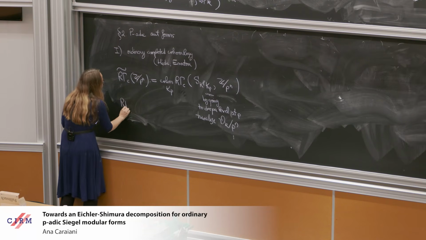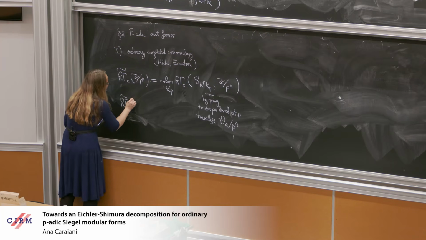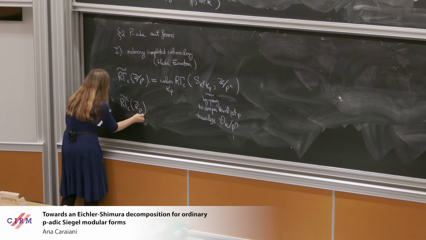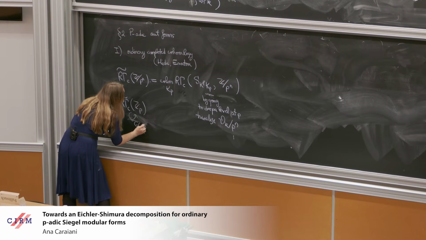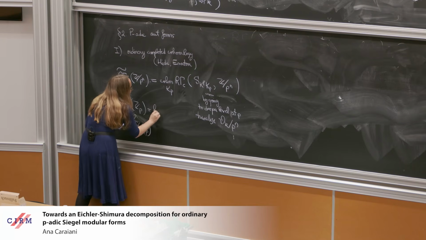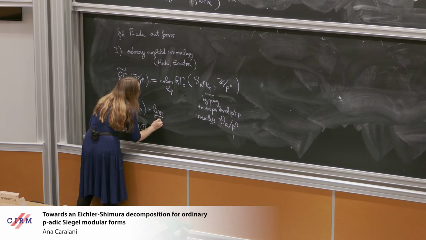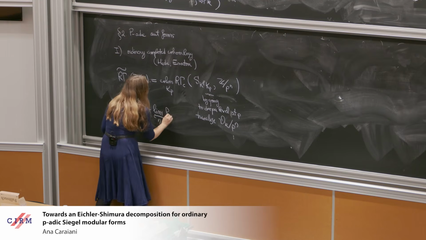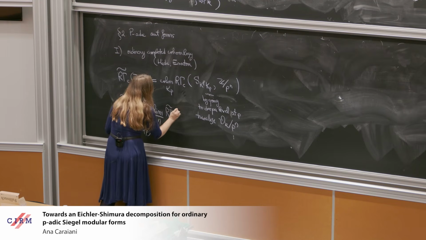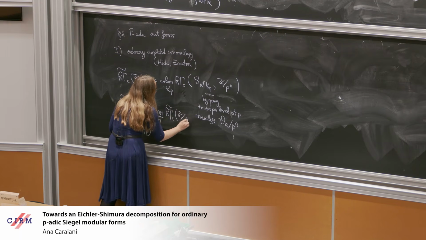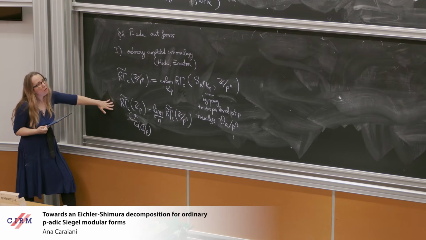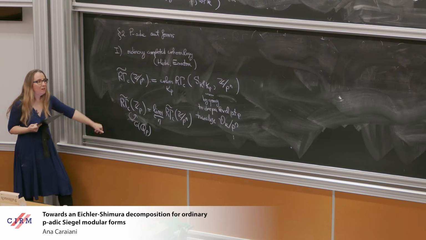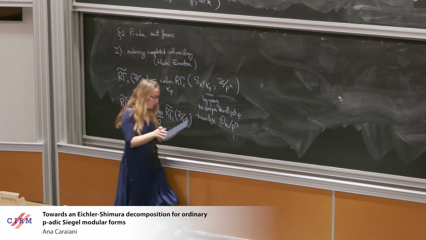To actually get completed cohomology, you have to take a p-adic completion. And this is just the inverse limit with respect to n of the previous object. Okay, so this is a p-adically admissible representation of G(Q_p). It's shown up a lot in this conference already.